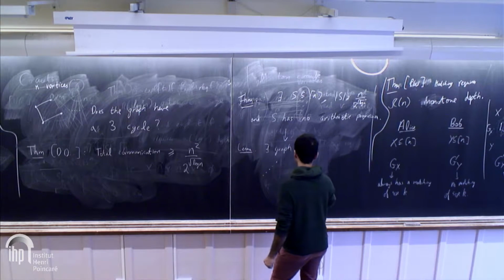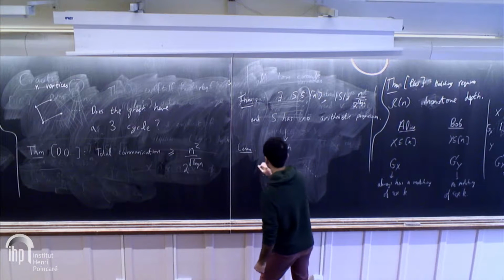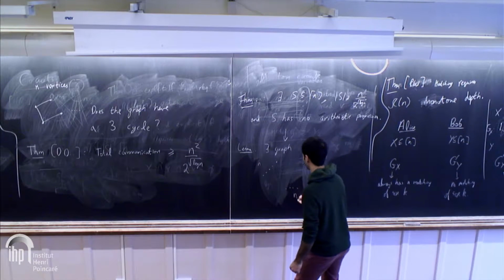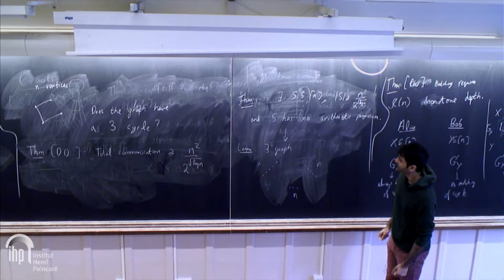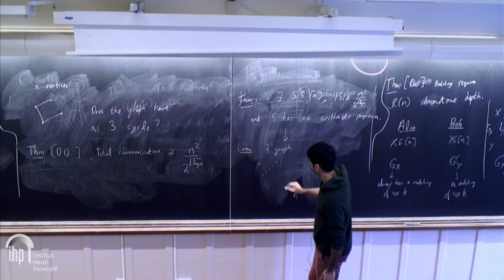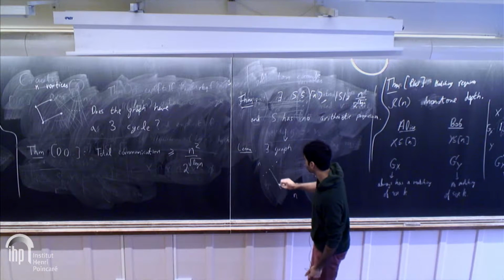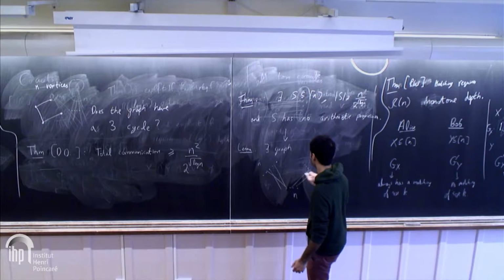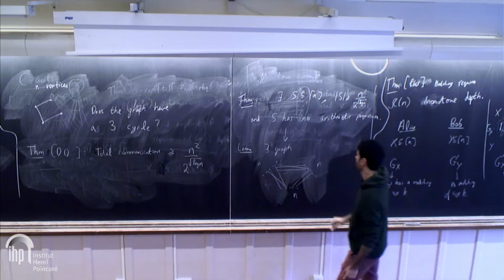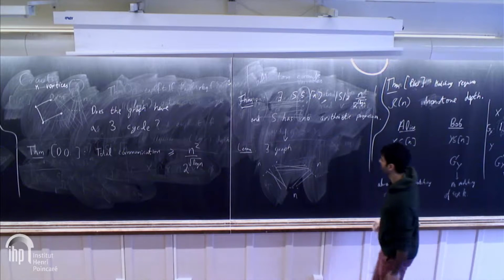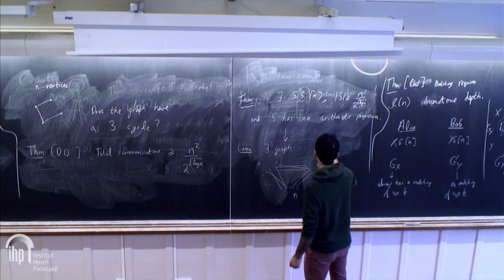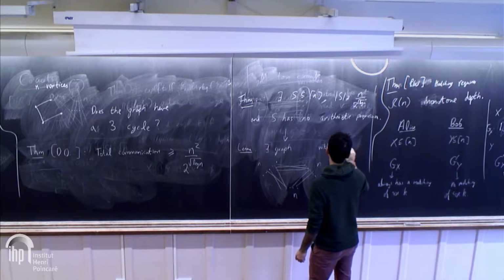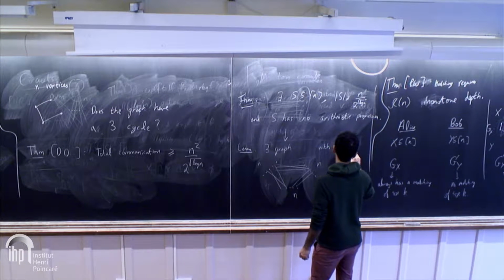So it's going to have n vertices here, n vertices here, n vertices here, and it's tripartite, so all the edges go like this. And this graph will have n squared over 2 to the square root log n triangles.